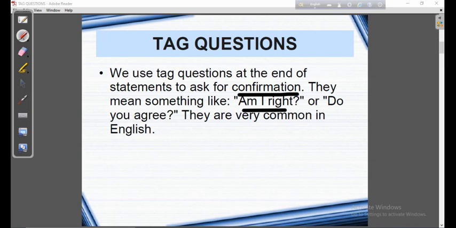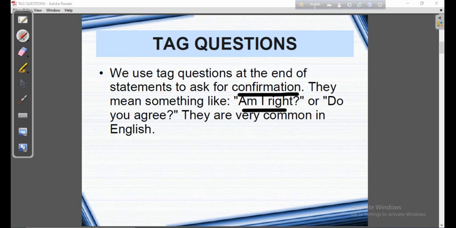So I have put a question to my listener. And what is the reason? The reason is to get a confirmation. The reason is to get an approval. And if it is the same with the listener, he will say, yes, it's too cold. Or he will say, no, I don't think so. It's not too cold. I think there's a problem.